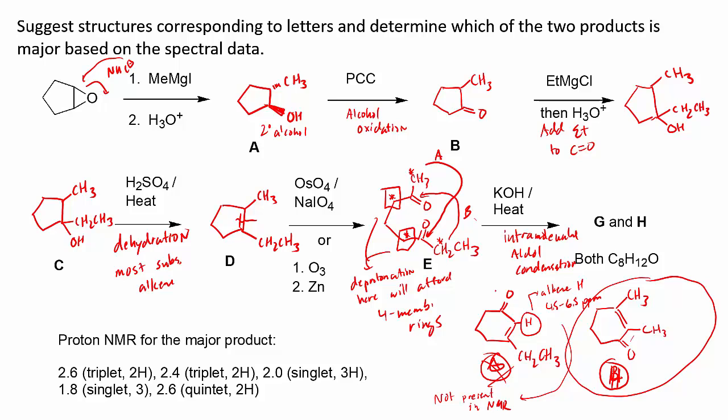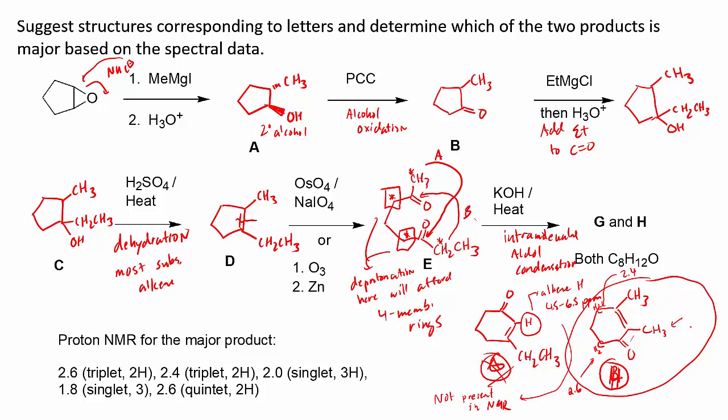Is this consistent? Okay, we have a triplet at 2.6. That would be that, right? 2.6 right there. A triplet at 2.4, 2 hydrogens, 2.4 right there. A singlet for 3 hydrogens and another singlet for 3 hydrogens.